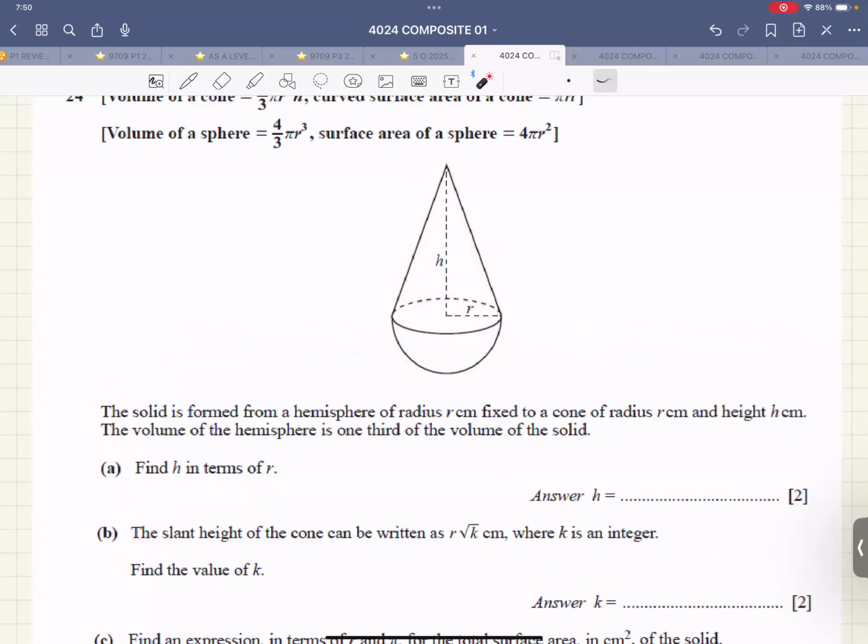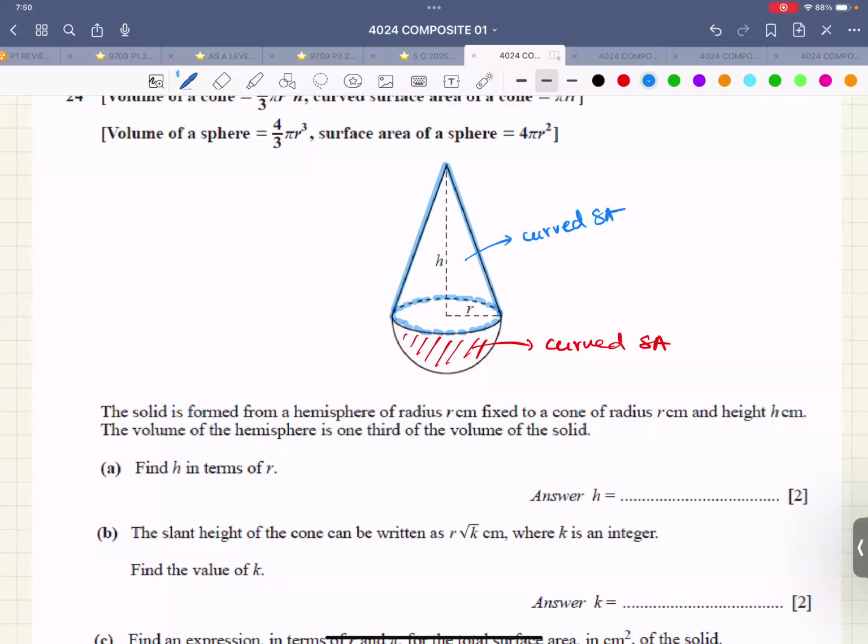Now, the thing that you need to understand is this thing. In the hemisphere, we have the curved surface area, that is for sure. In the cone, let me highlight this. This cone over here, that goes like this. And then it's right over here. So let me just go all the way like this. And this is the curved surface area that we are talking about.